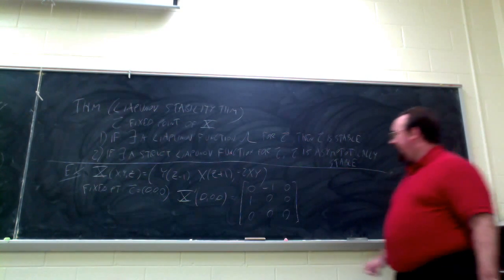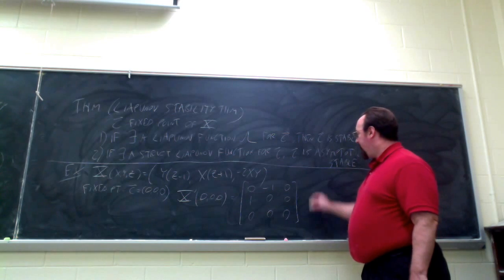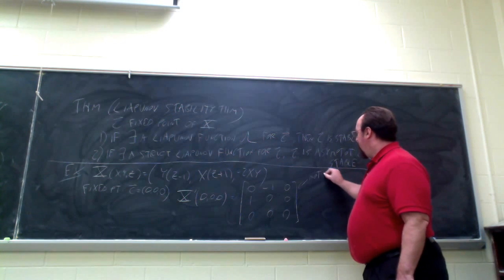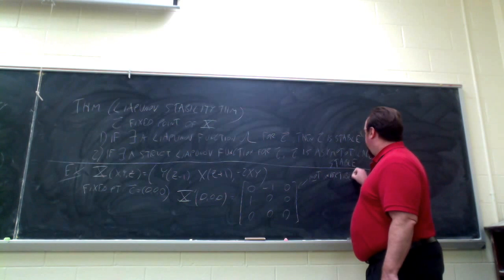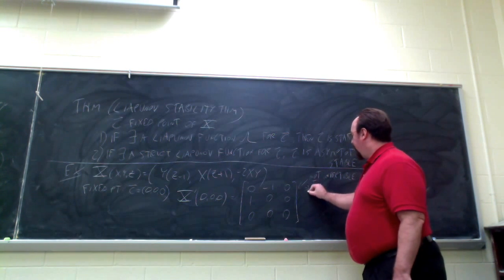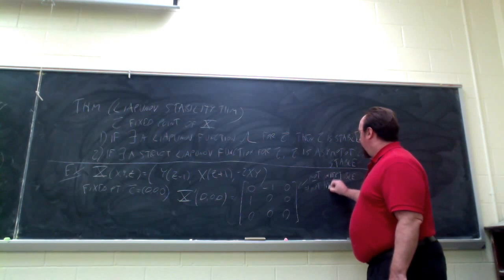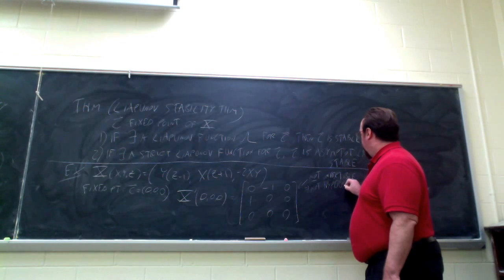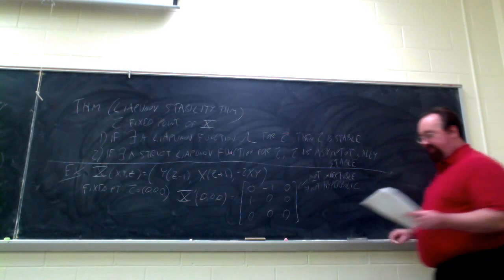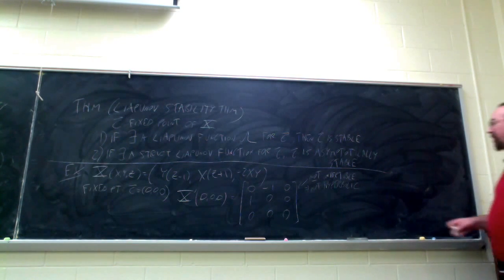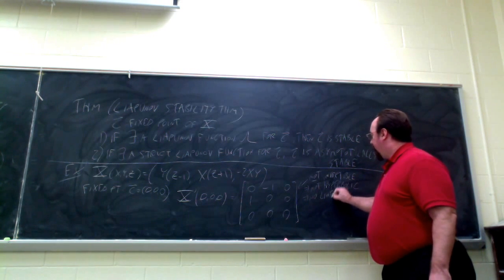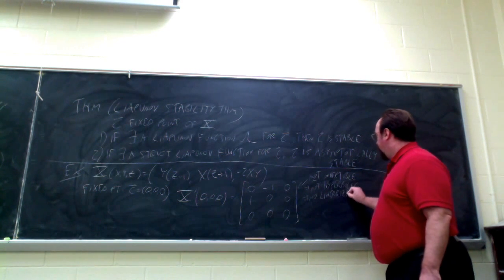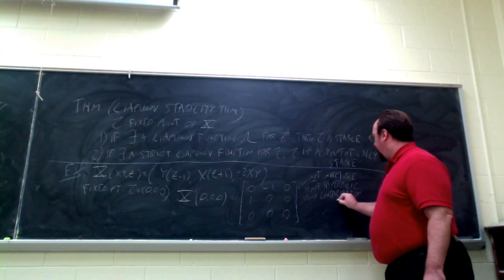Because it has a row and column of zeros, this is not invertible. So anytime you have that, the fixed point is not hyperbolic. The consequence is you cannot use the linearization theorem to judge the stability of this fixed point.